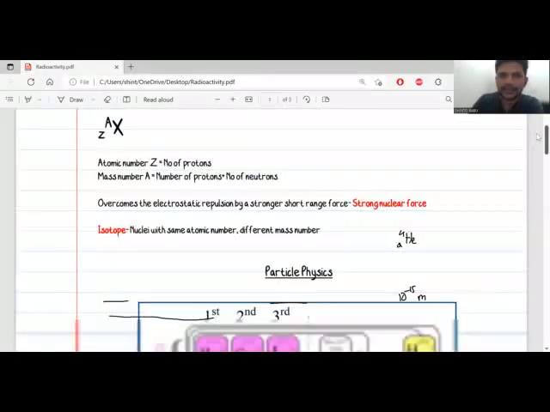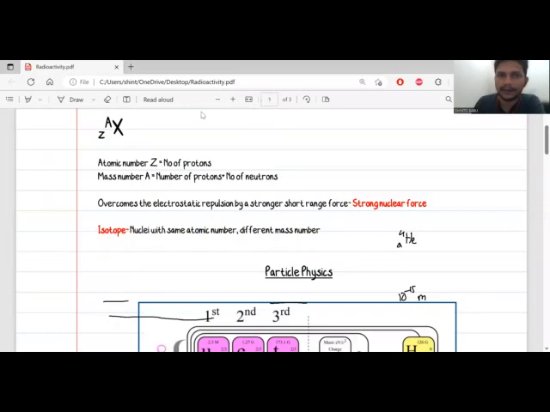Moving forward, we get introduced to the notation that we use to denote a nucleus, and it usually is like this. Let's say you have the element X, and here we denote Z, the atomic number, and atomic number is essentially the number of protons itself. Then you have the mass number A, which is the number of protons plus the number of neutrons.